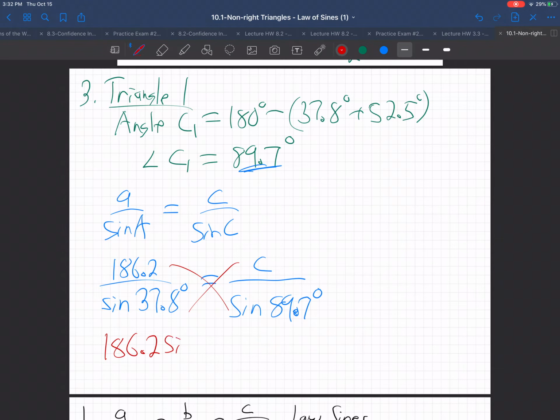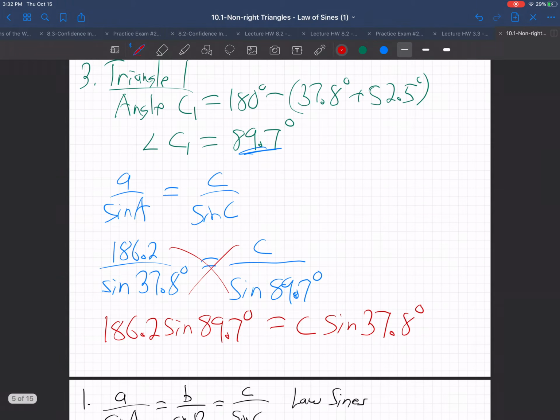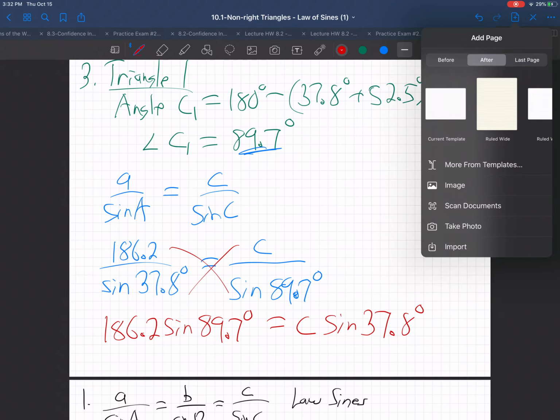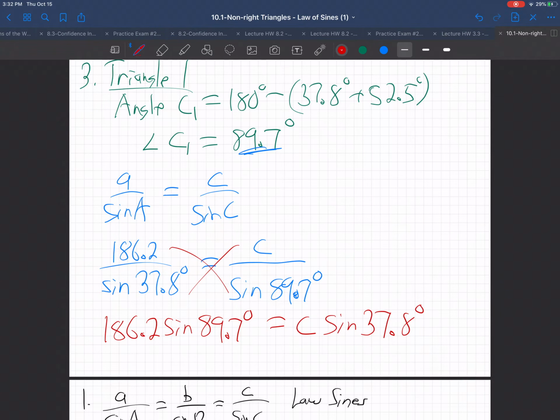186.2 sine of 89.7 degrees is little c sine of 37.8 degrees. Last step here, let me just divide by the sine of 37.8 degrees.